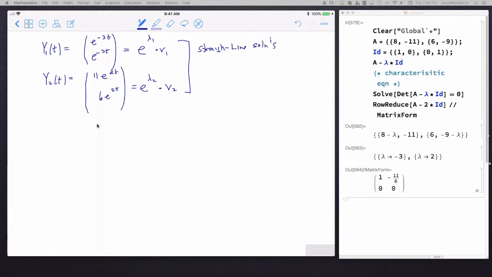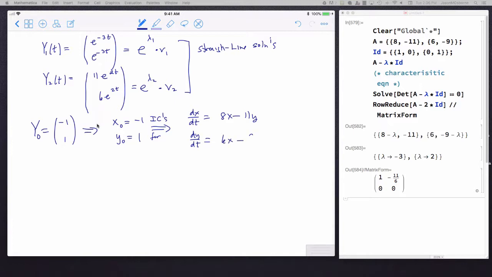Now we know that if we have an initial condition vector, our initial condition vector is -1, 1, which means that our initial x for the differential equation is -1 and our initial y is 1. These were the initial conditions for the differential equation that we're solving. The differential equation is dx/dt equals 8x minus 11y, and dy/dt is 6x minus 9y.